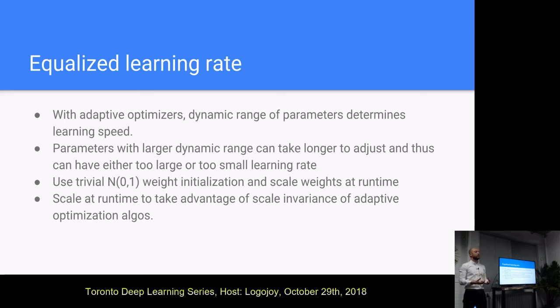The authors implement equalized learning rate by using a trivial, normally distributed initialization and then they scale the weights at runtime. This takes advantage of scale and variance of these adaptive optimizers, and they say leads to benefits in the long run by keeping the generator updating consistently and giving parameters equal learning rates, even though they might not have equal dynamic ranges.